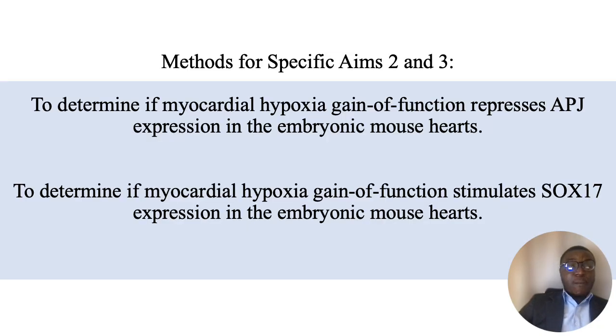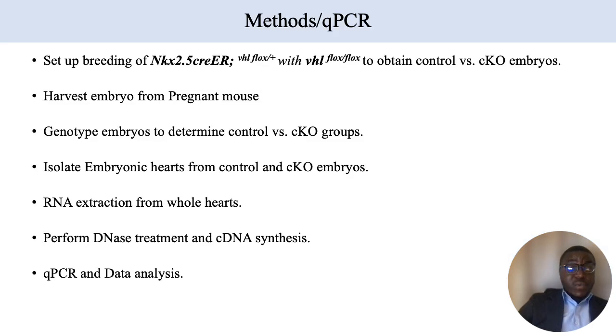Also, to achieve our aim 2 and aim 3, after setting up the breeding of the mouse colony, giving us the double transgenic NKX2.5 Cre VHL flox over flox, we harvested the embryos from the pregnant mouse and then did genotyping to stratify those that are in the VHL knockout group and the control.